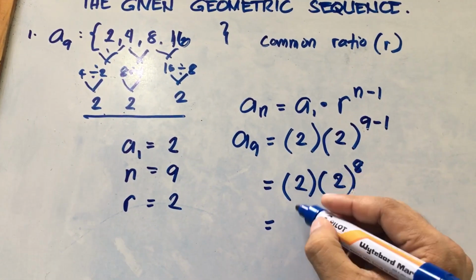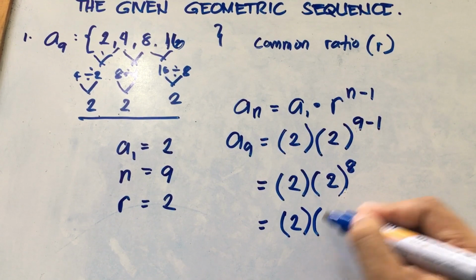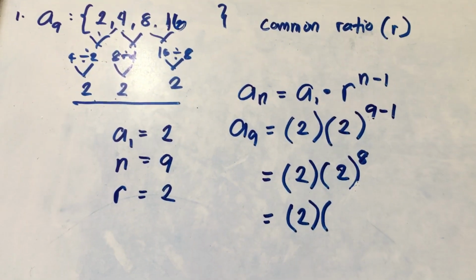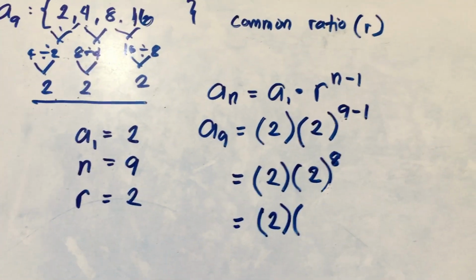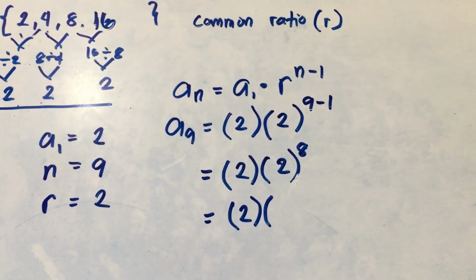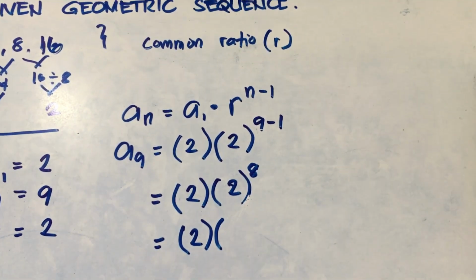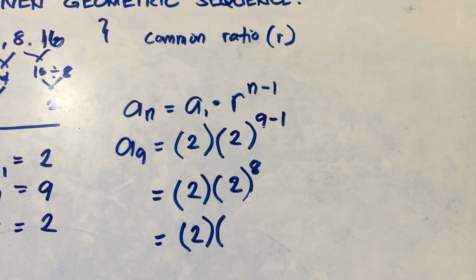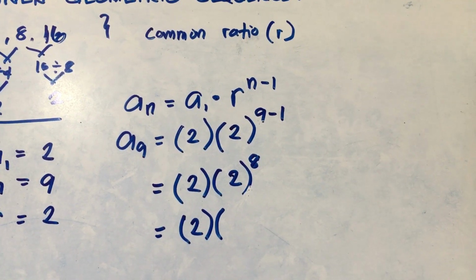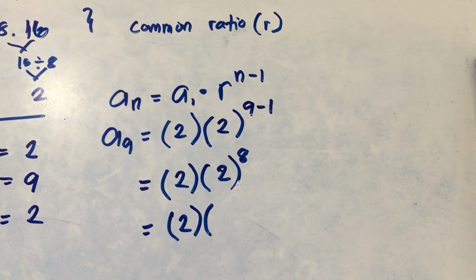So copy again the first 2. And then 2 raised to the power of 8, if you can still recall, is 2 times 2 times 2 times 2 times 2 times 2 times 2 times 2. Those are eight 2's, then you multiply them.